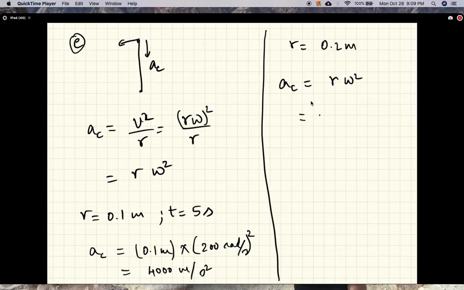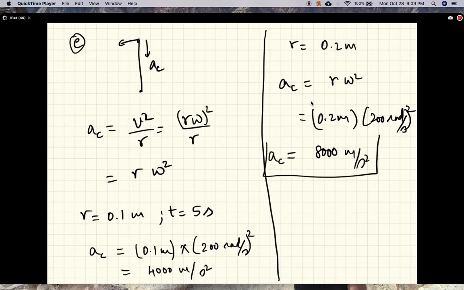Okay, 0.2 meters times (200 radians per second)², and this works out to 8,000 meters per second squared. Alright, these are fairly large accelerations. Okay, that finishes the problem.